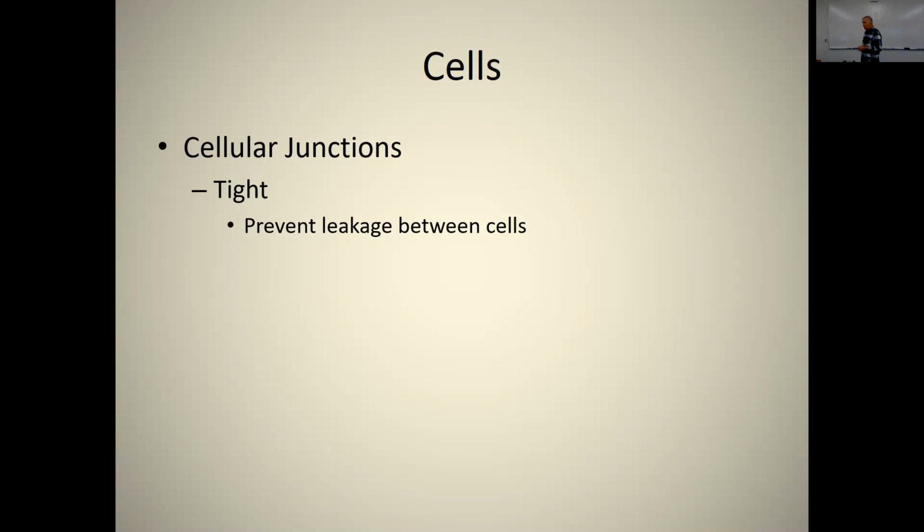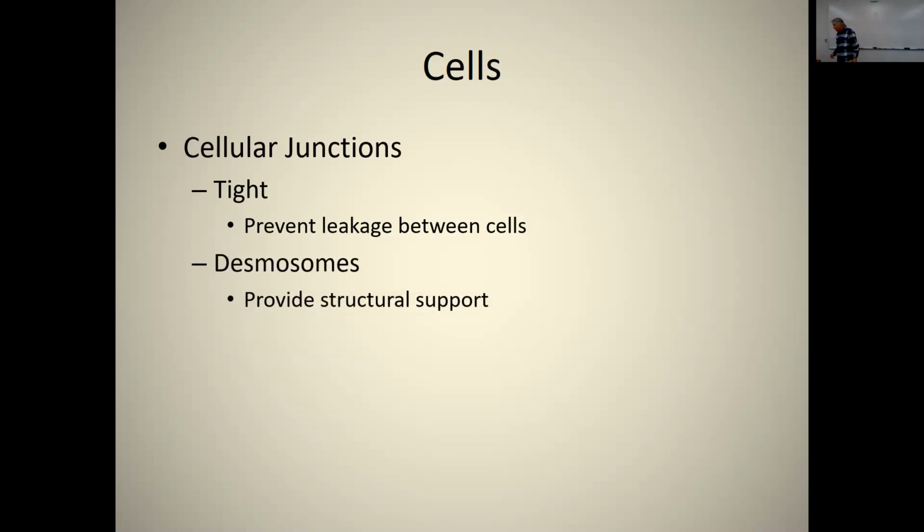Tight junctions prevent leakage between cells. So, particularly in the GI tract, you want things to go into your blood through cells, not between the cells. So they're called tight junctions to prevent leakage between cells.